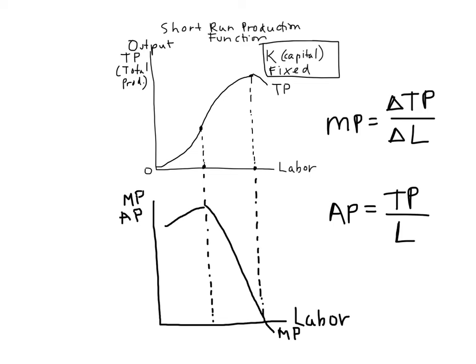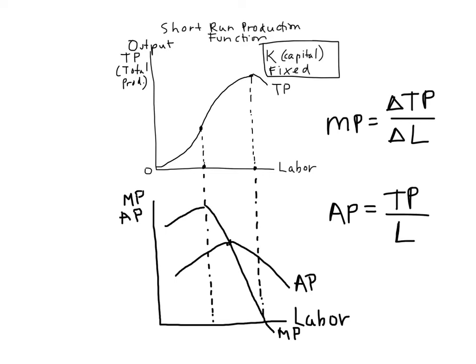So what we're going to have here is a curve that's going to rise for a while, and it's going to reach a peak where it crosses the marginal product curve, and then it's going to fall. I could show you that with a little bit more geometry, but I think that's more detail than you probably need. So that is the shape of the average product curve.